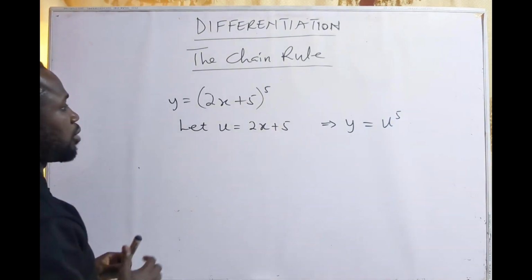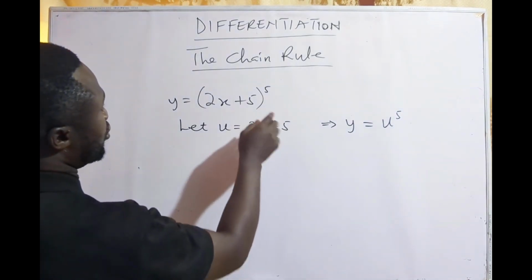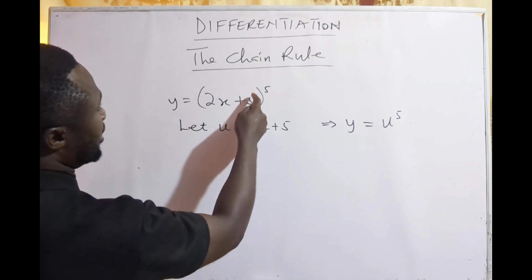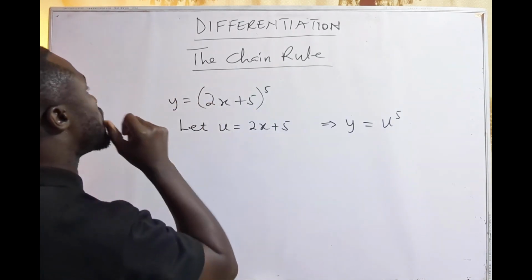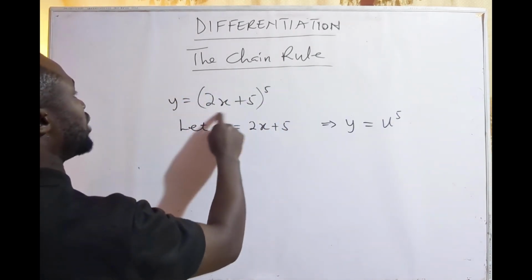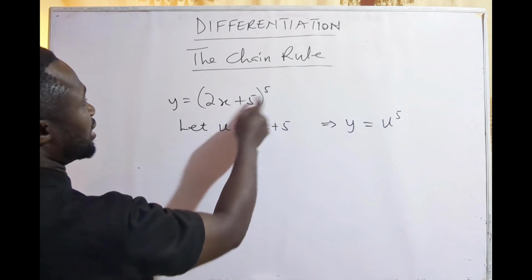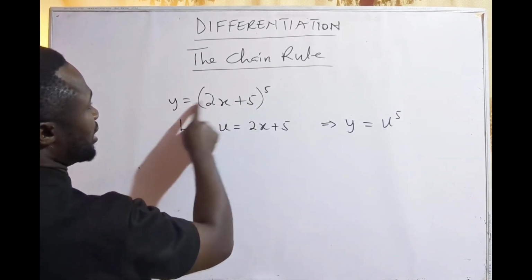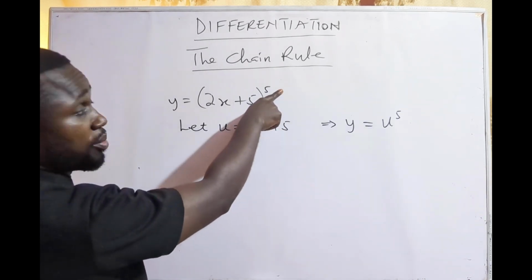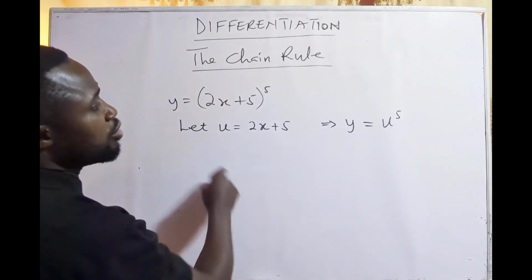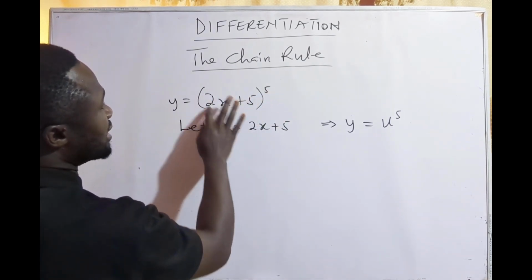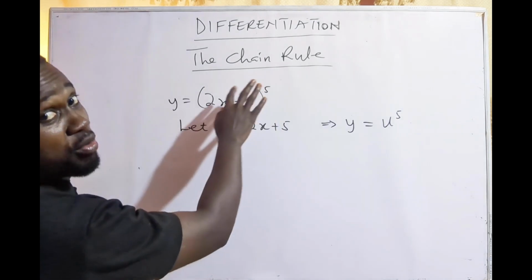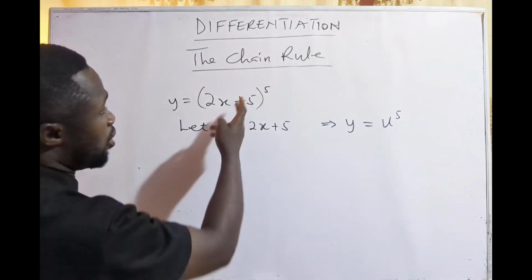Then what you do is differentiate. You take the whole (2x + 5) exponent 5 as one term. So the 5 will come down and you subtract 1 from the exponent. After that you multiply by the differentiation of whatever is in the bracket, whether binomial, trinomial or whatever it is.